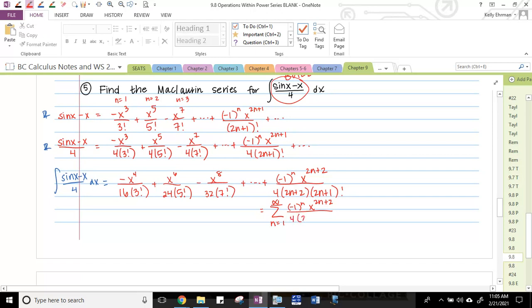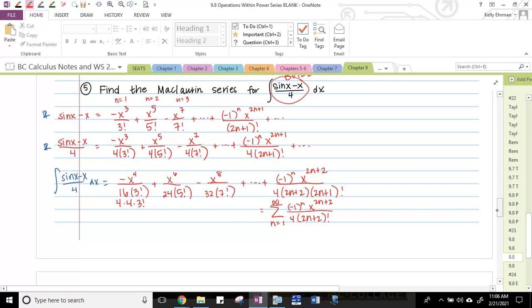Over 4 times 2n plus 2 factorial. When n is 1, now this takes some thinking, right? When n is 1, I get 4 factorial, but I have 4 times 4 factorial, and I have 16 times 3 factorial. That is 4 times 4 times 3 factorial. So that's checking out too. Whew, okay, is it still all real numbers?